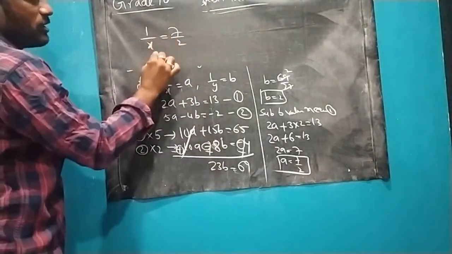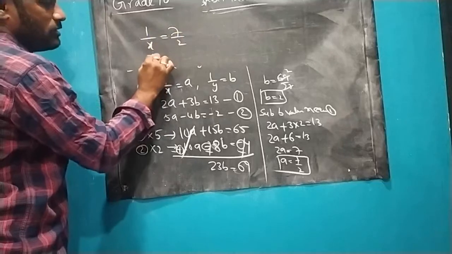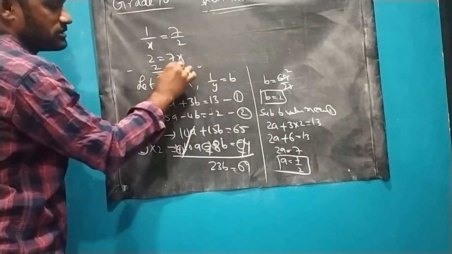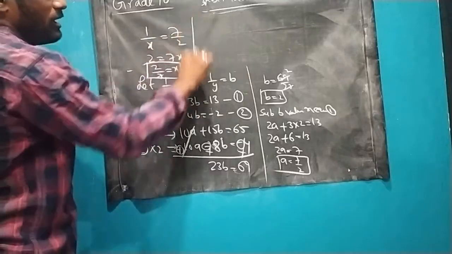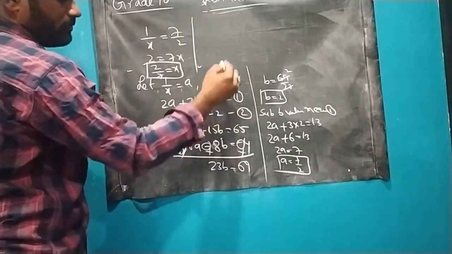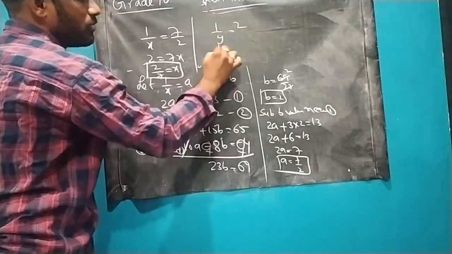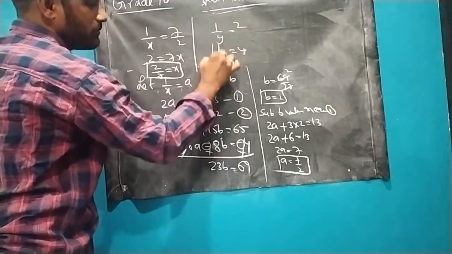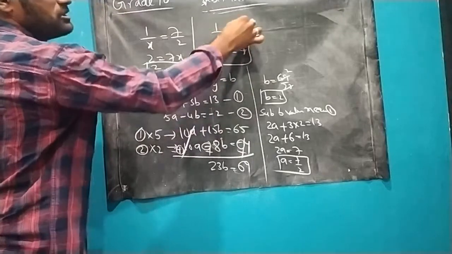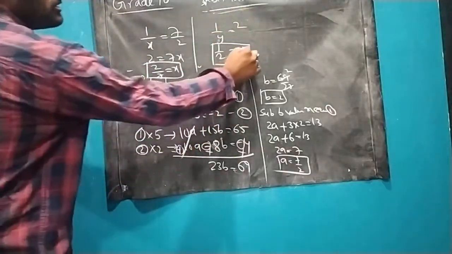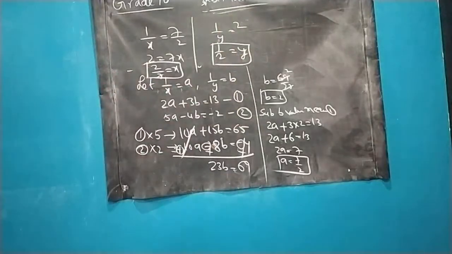If I cross multiply this, it becomes 2 is equal to 7x, so 2 by 7 is equal to x. This is the x value. And for y, 1 by y is equal to 2, so 1 by 2 is equal to y. The 2 comes in the denominator, and y goes here. So these are the x and y values.